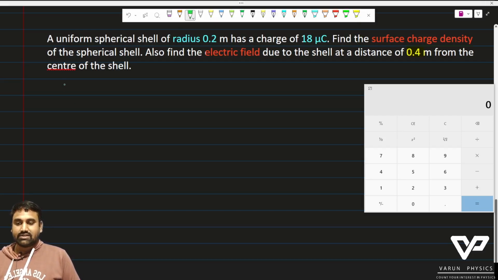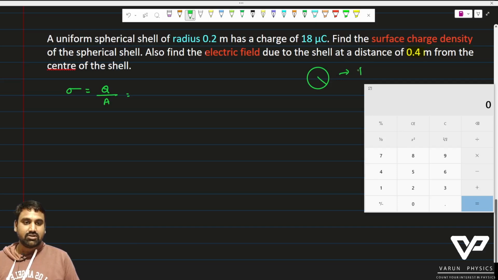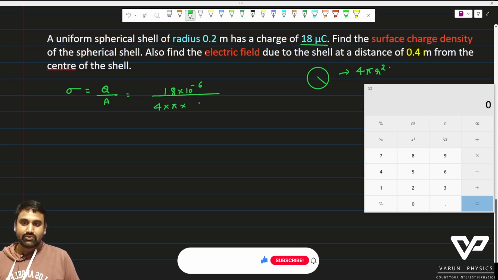So first, the surface charge density sigma is nothing but charge divided by surface area. Since this is a sphere, its surface area is 4 pi r square. Therefore, the charge given is 18 into 10 to the power of minus 6 divided by 4 into pi into r square.